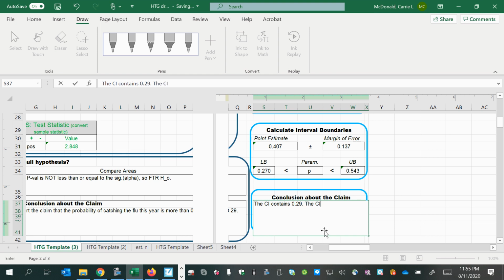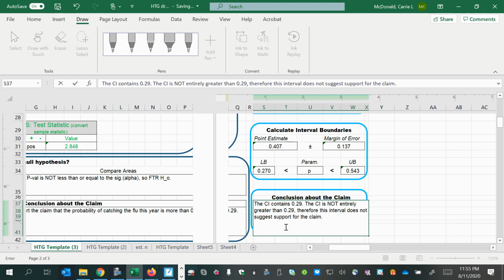The confidence interval is not entirely greater than 0.29 is another way of saying it. Therefore, this interval does not suggest support for the claim.